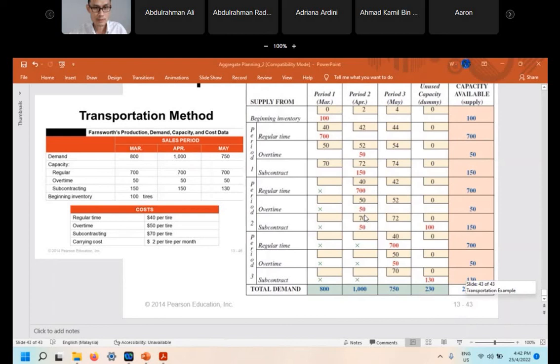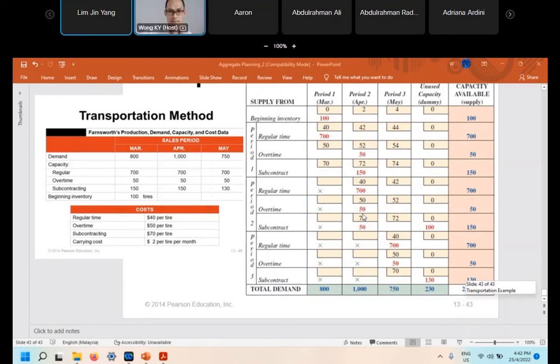Doctor, subcontract I mean for the below the subcontract for period 2, we use 150 units, and then the upper one. Here is it better for we use 150, and then the above one we use 50 only, because 72 cost is higher than 70, right?